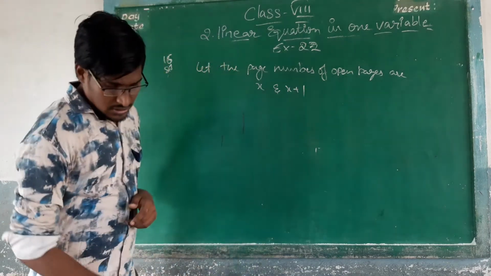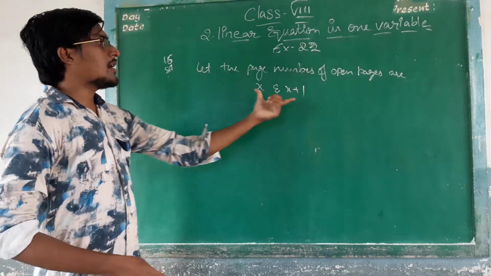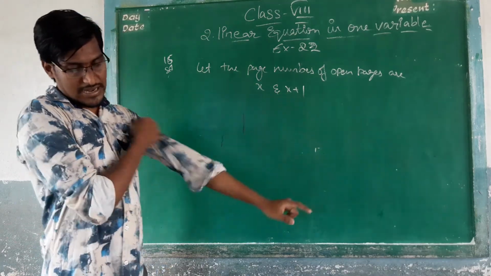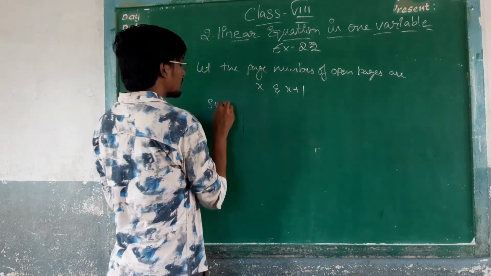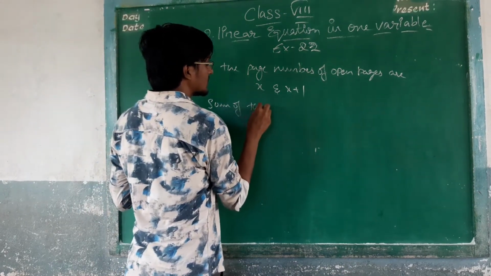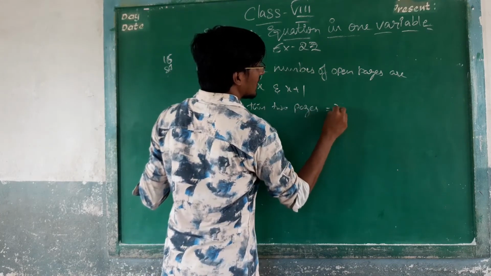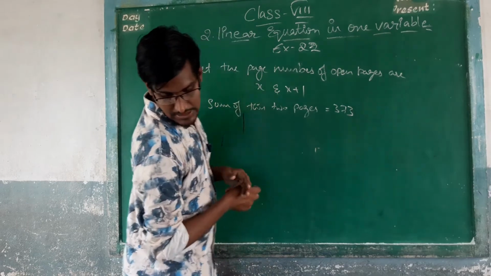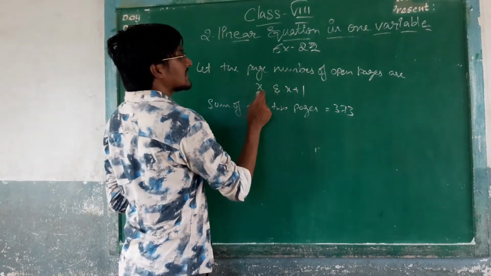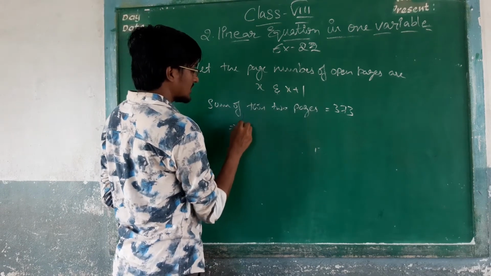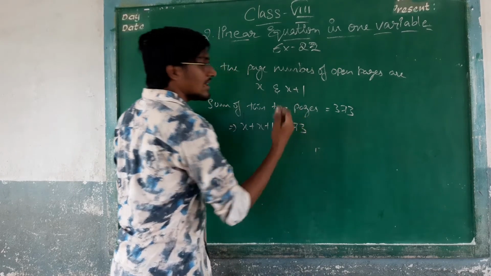The sum of these two page numbers on the facing pages is 373. So the sum of these two pages equals 373. The sum of them is x plus x plus 1. That implies x plus x plus 1 equals 373.